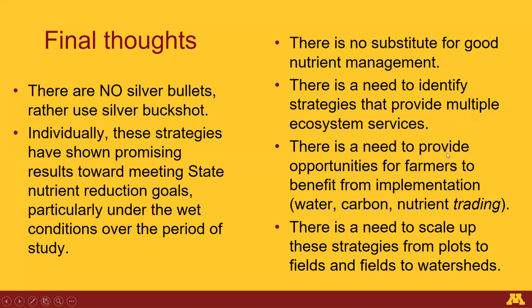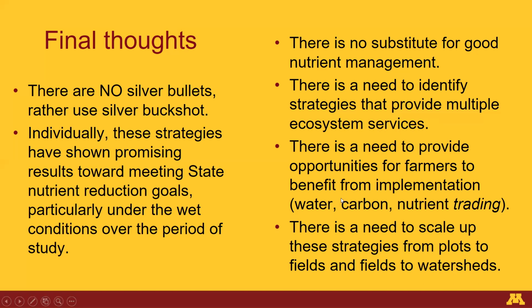We need to provide some opportunities, though, for farmers to benefit from the implementation of these practices. It's very challenging without government programs, for example, to help install some of these practices for farmers to just go out and install these. And so we are trying to think about innovative ways.